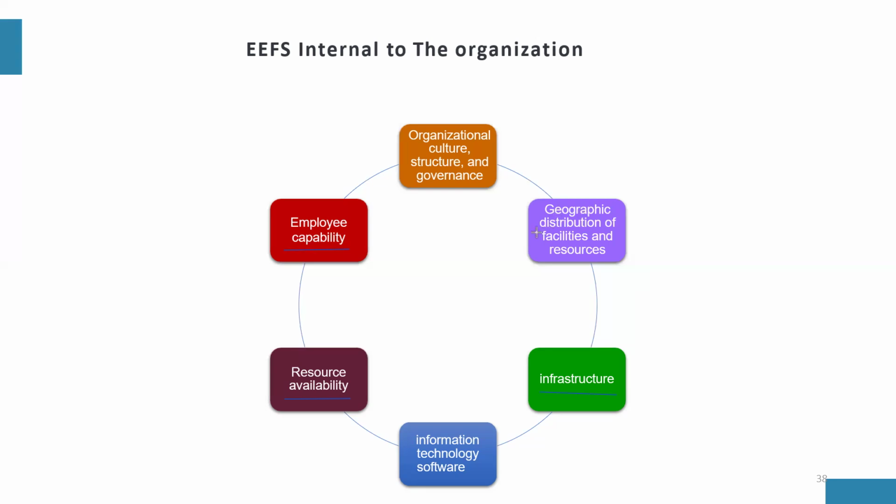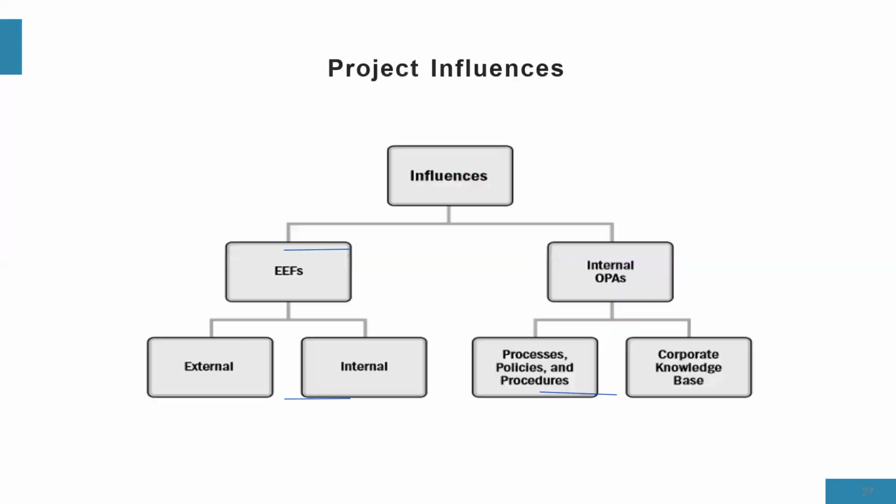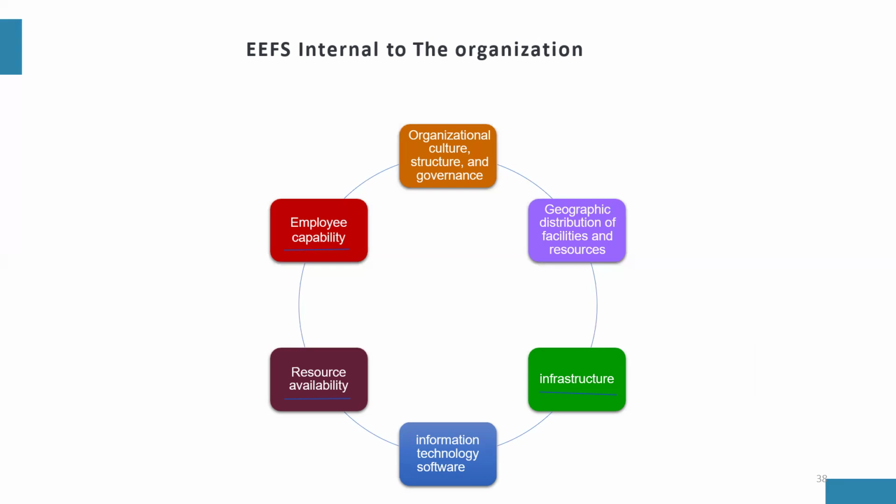Then, where are your resources located? Geographical distribution of facilities. Are they spread across a particular geographical region? Are they co-located in one area? This also talks about your internal factors that affect projects. Okay, so we've talked about external, right?